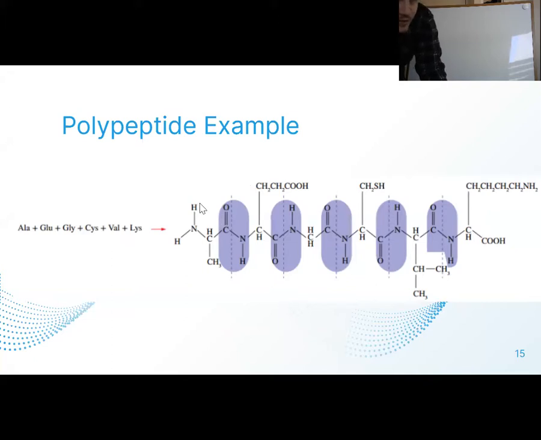Some of them are simple, like this guy. Some of them are more complex, multi-chain. But they're all held together by the carbon to nitrogen bonds formed by the condensation reaction, which releases water, which forms the peptide bond which holds the amino acids together.